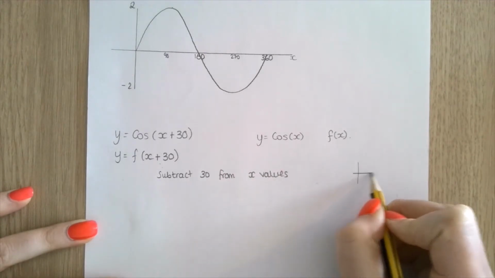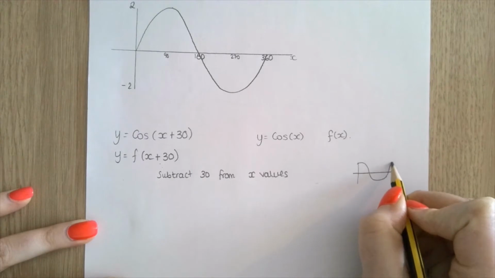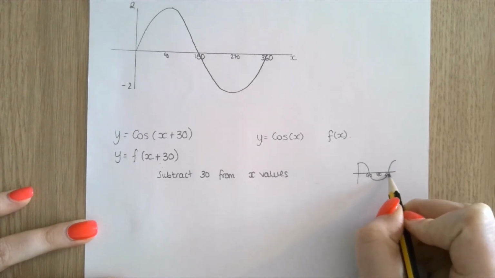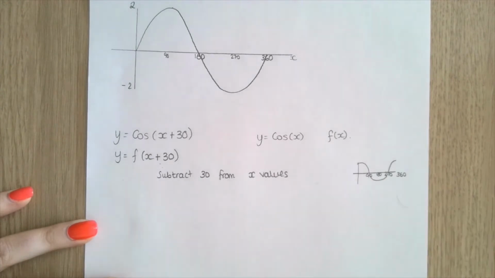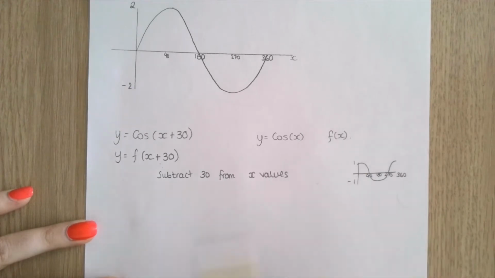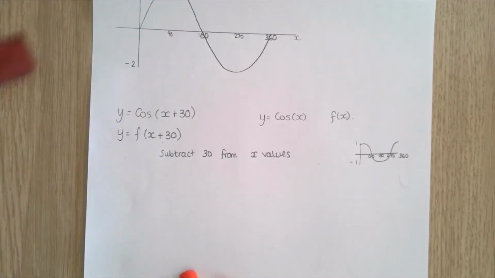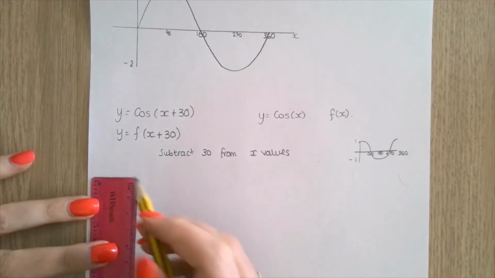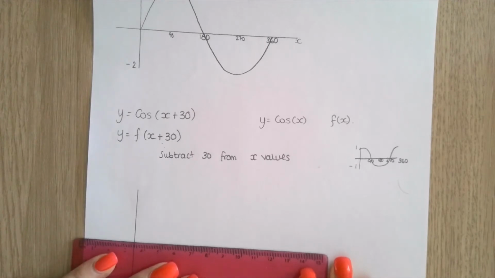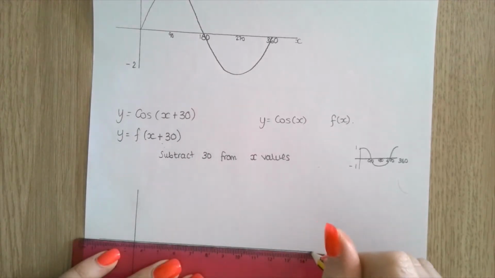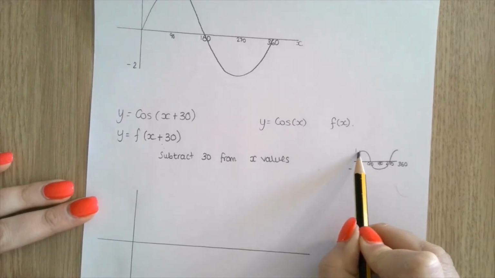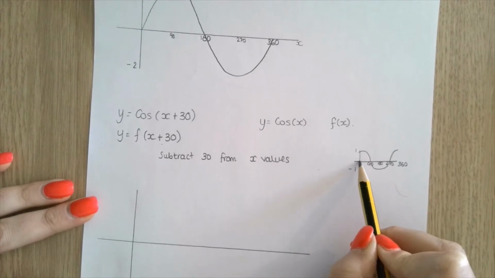Looking at my basic cos graph, it looks like this, where this is 90, 180 in the middle, 270 and then 360, maximum at 1 and minimum at -1. So drawing my graph, this point here is actually going to move left by 30 degrees because the x value at the moment is 0.